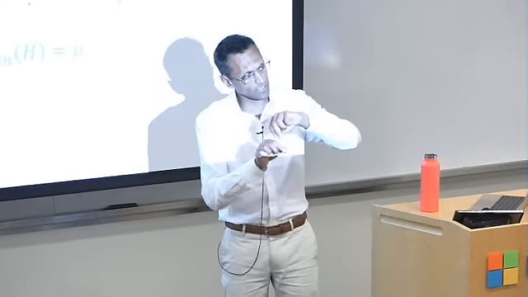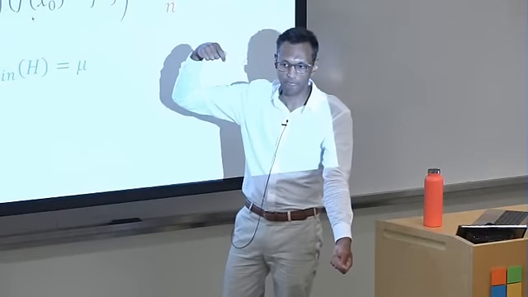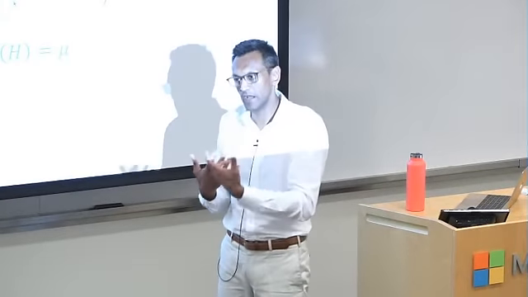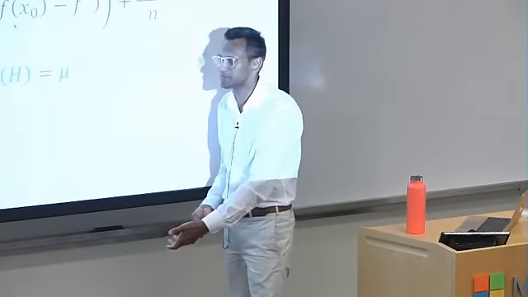In expectation, we're moving toward the right answer, and there's a part which depends on where we start, the distance between where we start and where we end up. Because if we start far away from the right answer, it's going to take a long time to get there. But there's also a part that has to do with the fact that our problem is noisy. You can think of that as the variance part.